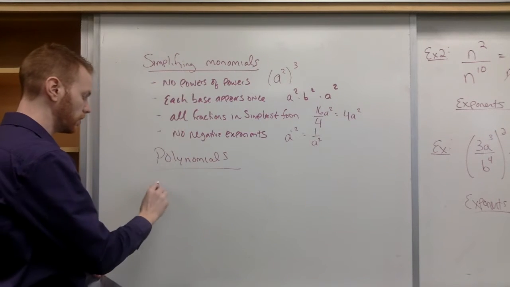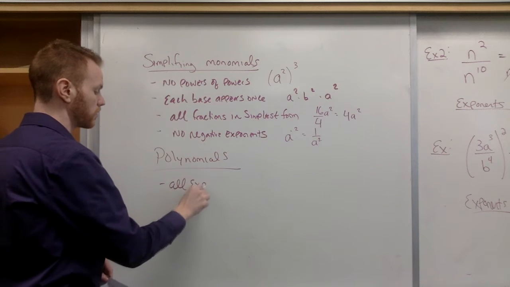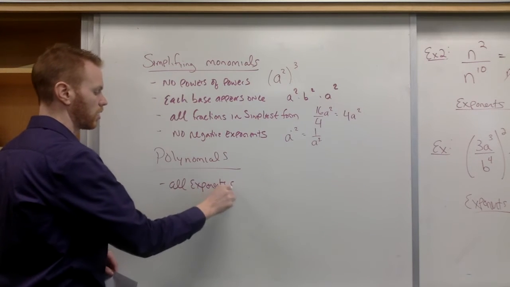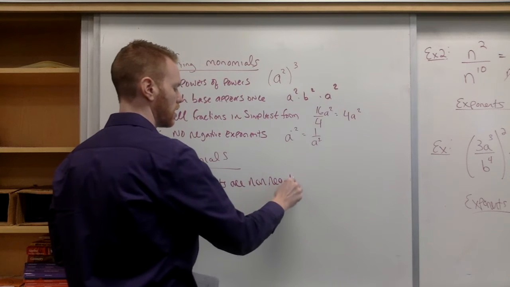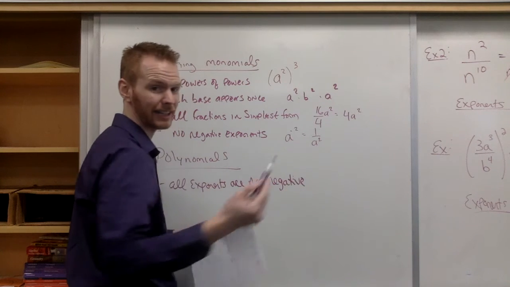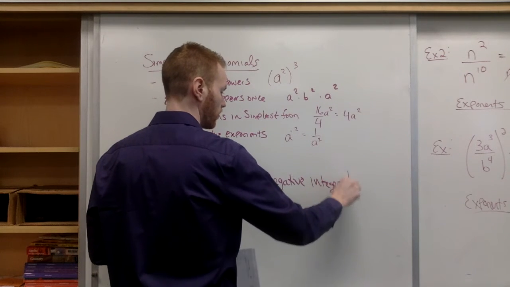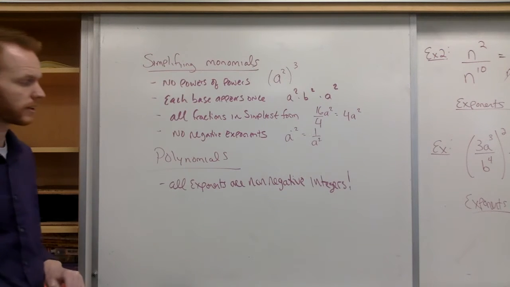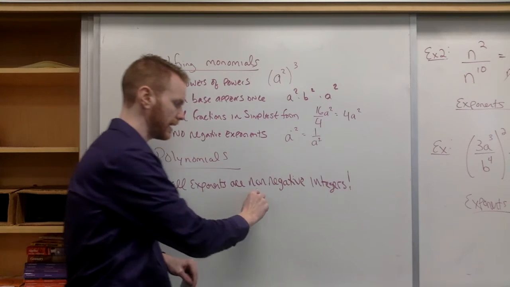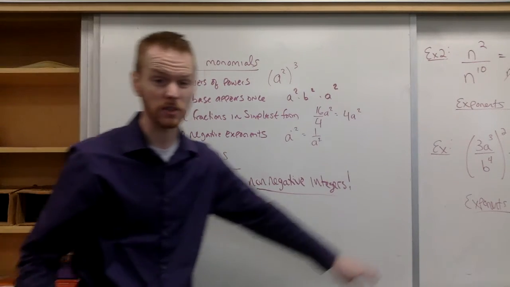But to be a polynomial, this is important: all exponents are non-negative integers. That's very important here. So non-negative integers are those exponents. Okay? Let's take a look at an example.